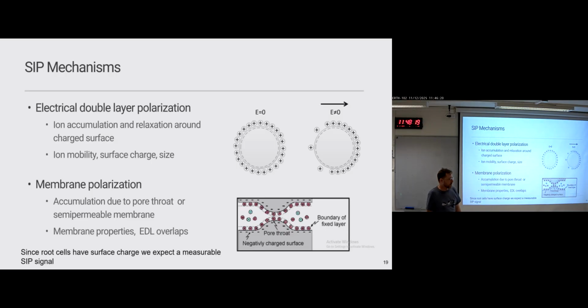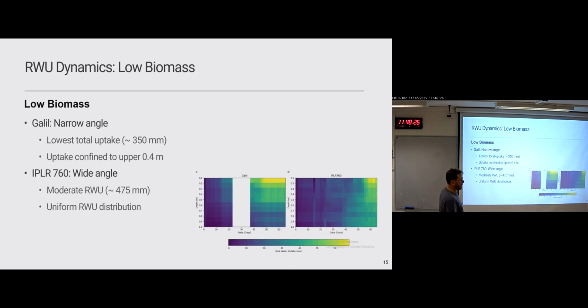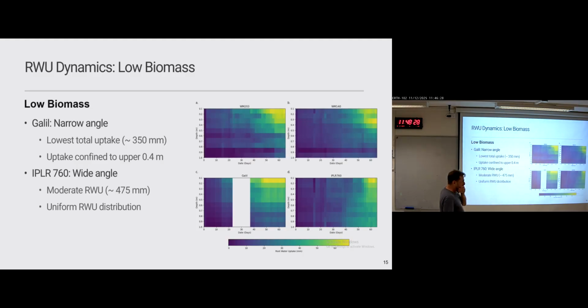I have a question. Can you go back to the first part where you were showing the different uptake at the root level? Yeah. Just a kind of probably stupid question, but do those maps also correspond to the biomass of the roots in the surface, or was there just different functioning of the roots? Those maps are just the cumulative root water uptake. This is what I showed here.